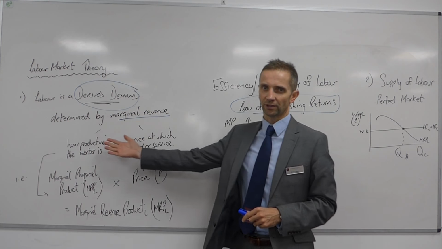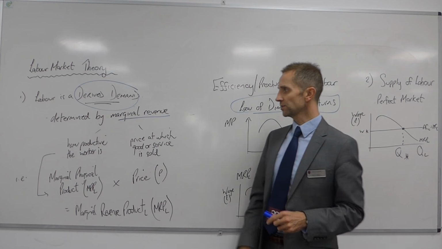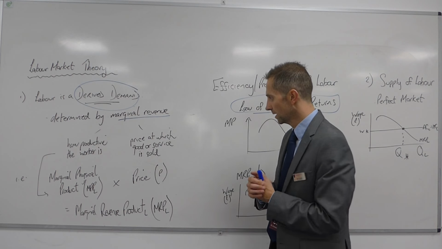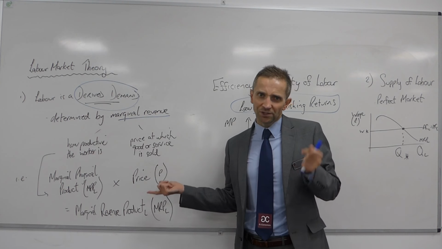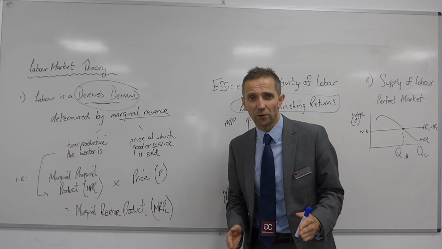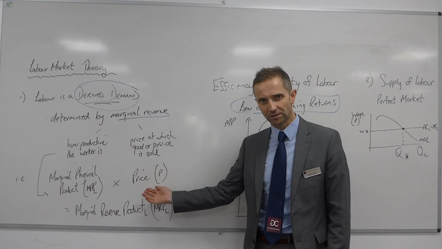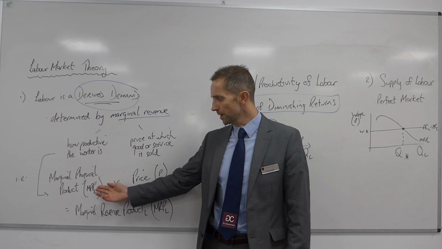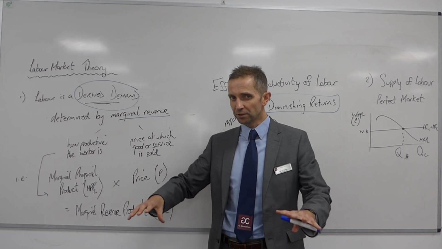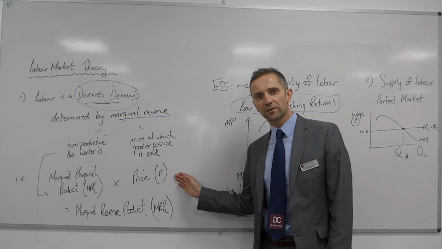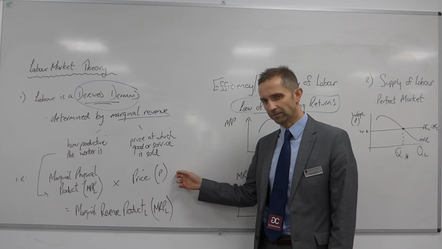So that's productivity. And then, of course, the second thing which determines the marginal revenue is, well, once your employer has produced something for you, how much can you sell it for? So what is the selling price? So we've got the MPP of labour, how productive the labour is, and we've got the price of the good or service which the labour is producing.